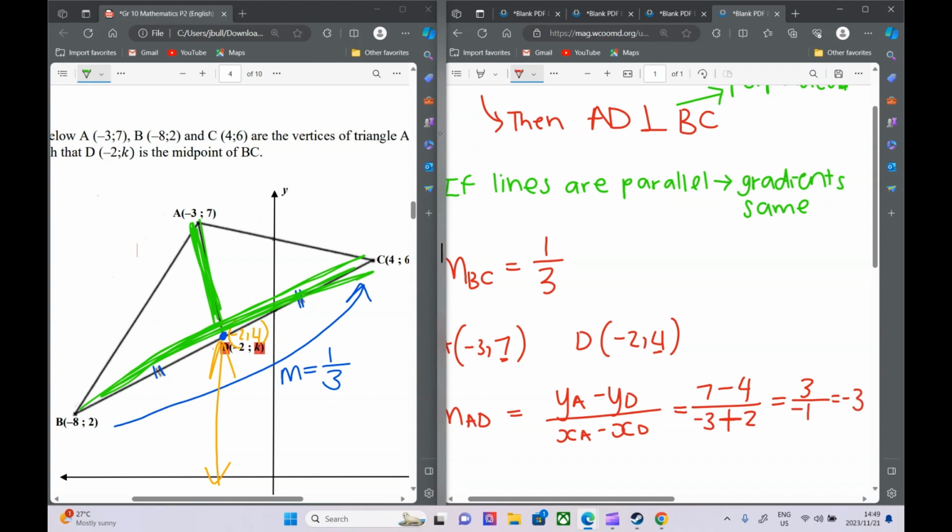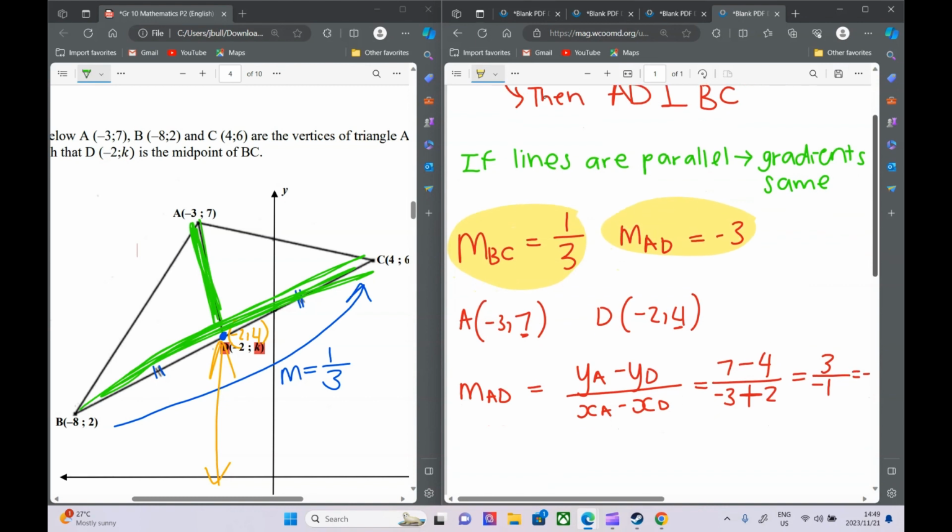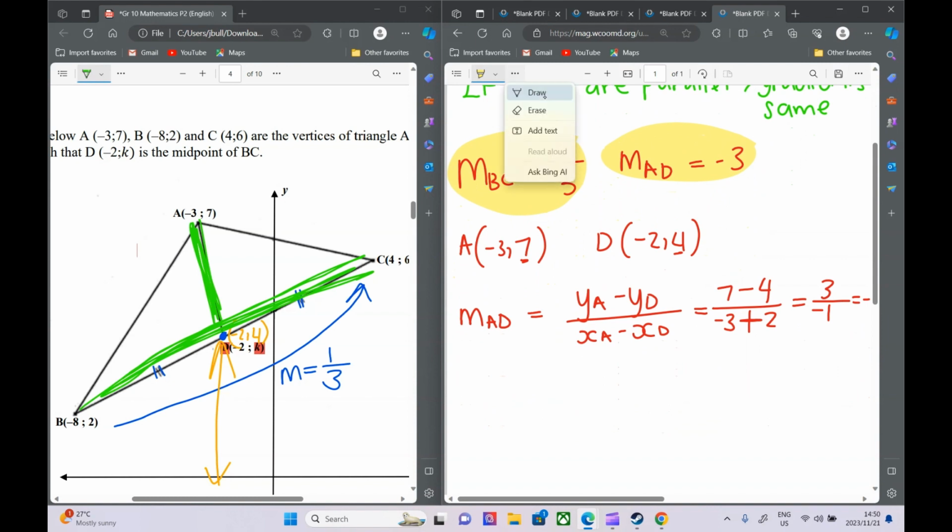Okay, so now we've got the gradient of BC. We've got the gradient of AD. So the gradient of AD is -3. So now we can check if they are perpendicular. Remember, to check if they're perpendicular, we just times them by each other and we see if we get -1 as our answer.